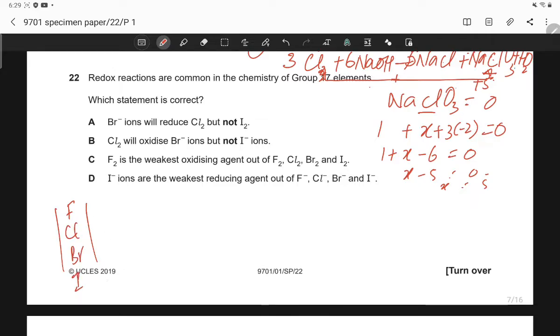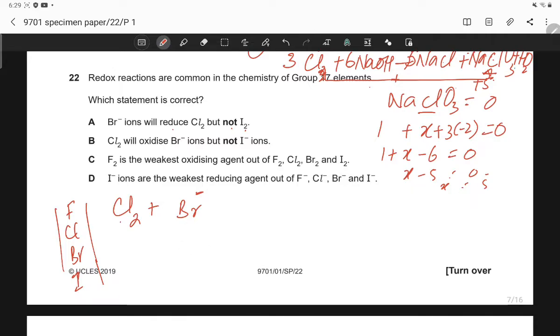Reactivity decreases downward, so the highly reactive halogen displaces the less reactive from its compound. So Br negative plus Cl2: Br negative ion will reduce Cl2 but not I2.